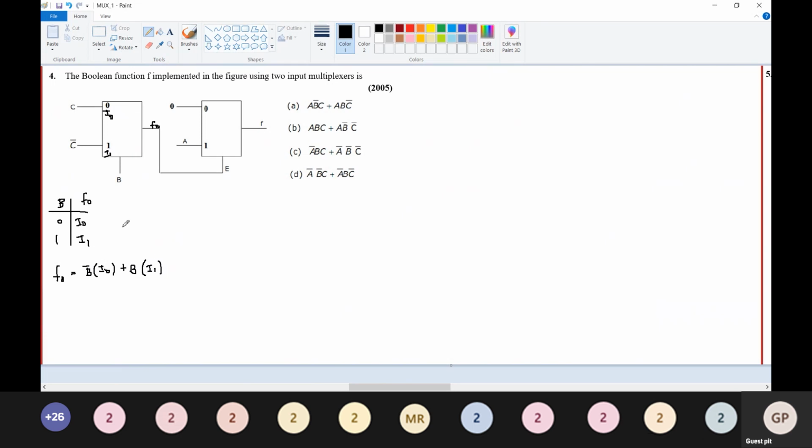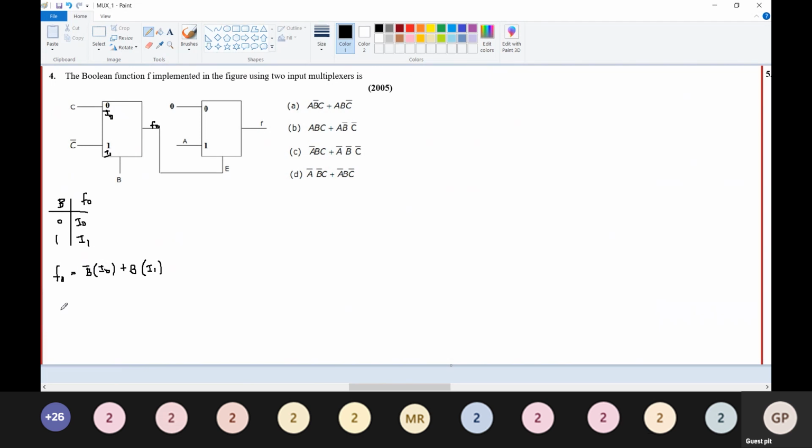For the selection line, there are different possibilities. With only one selection line, the two possibilities are B dash and B. If you have two selection lines, it will be A dash B dash, A dash B, A B dash, and A B.